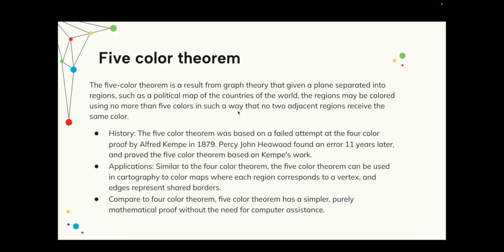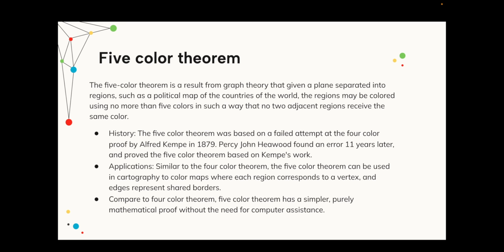The five-color theorem was actually based on a failed attempt at the four-color proof by Alfred Kempe in 1879, where Percy John Heawood found an error 11 years later and proved the five-color theorem based on Kempe's work.